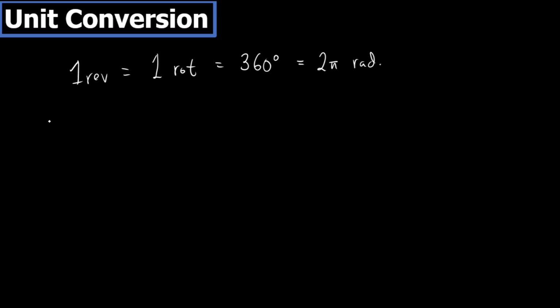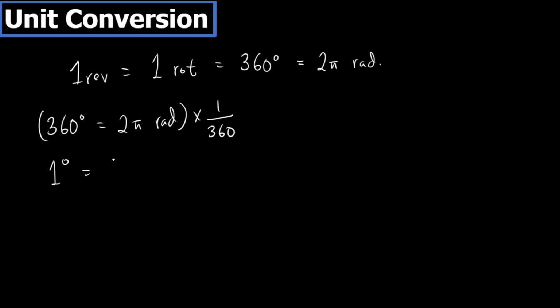We have 360 degrees, which is equal to 2 pi radians. So what we can do is divide both sides by 360. What we have in the end is 1 degree is equal to 2 over 360 pi radians.